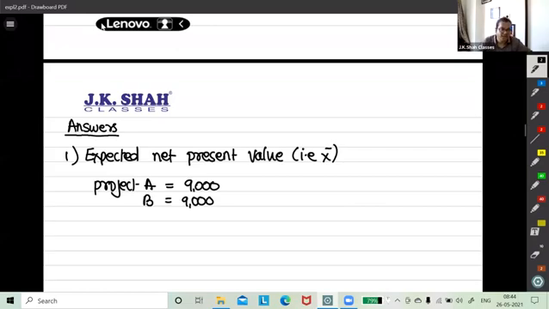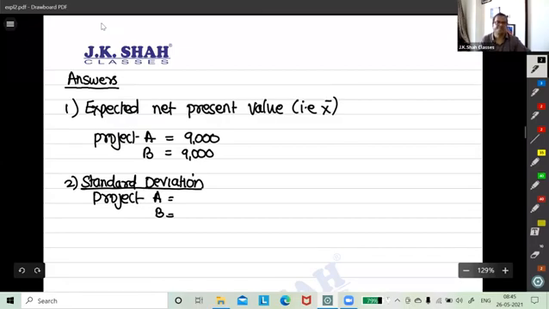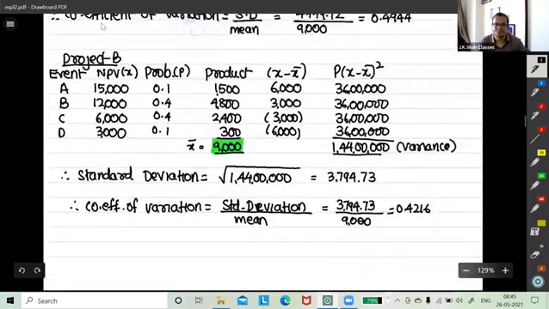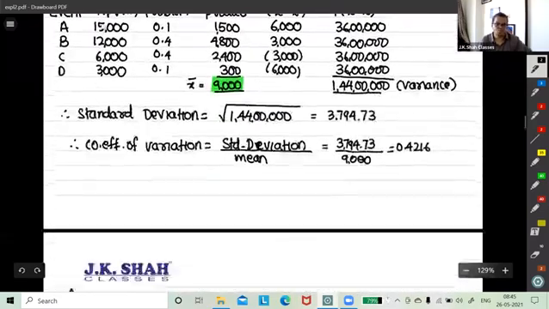Then what is the second thing asked? Compute the risk attached. That is the standard deviation. So standard deviation, project A, project B. 4449.72.